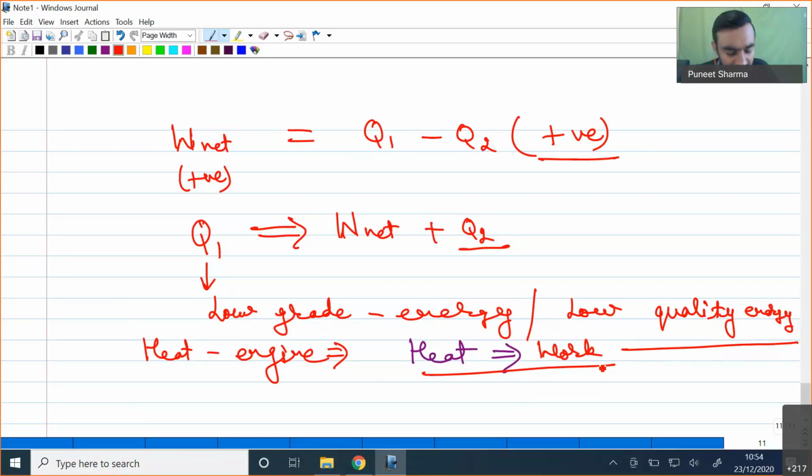Any device which converts heat into work is a heat engine. Now I'll stop at this point and we will continue our discussion in the next lecture.